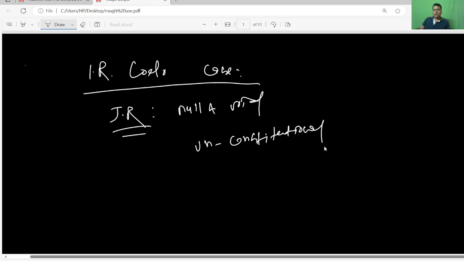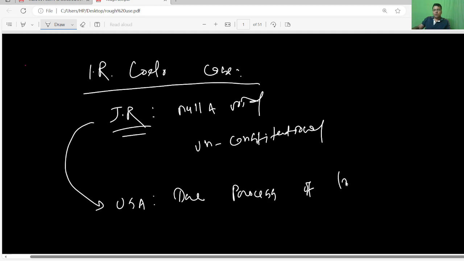We have taken the concept of judicial review from the USA, the concept of due process of law, or the concept of judicial supremacy.